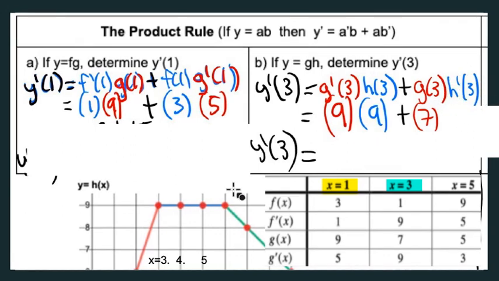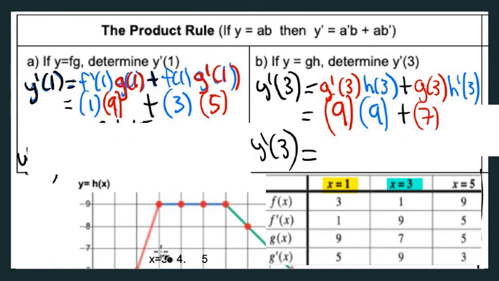H is the graphical function. So look at this. There's x equals 3. And I've got to go to this point here. So x equals 3 on h of x. Well, what's h prime worth there? Can I tell what h prime is worth?